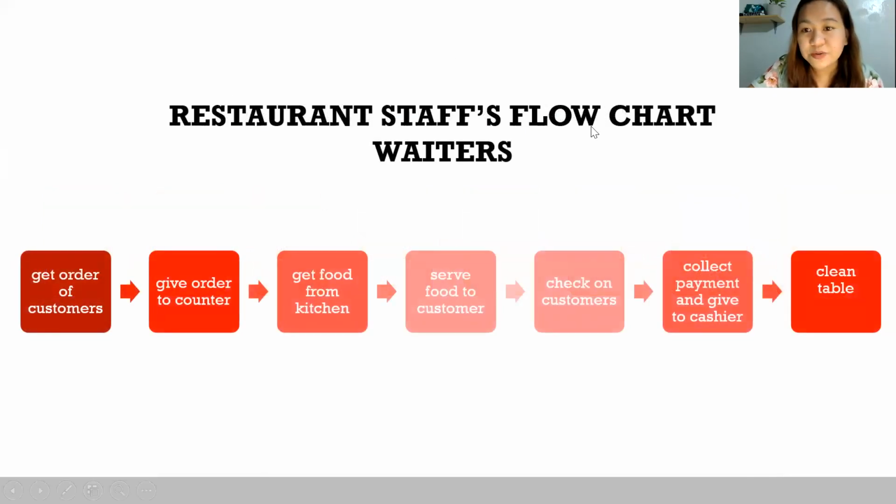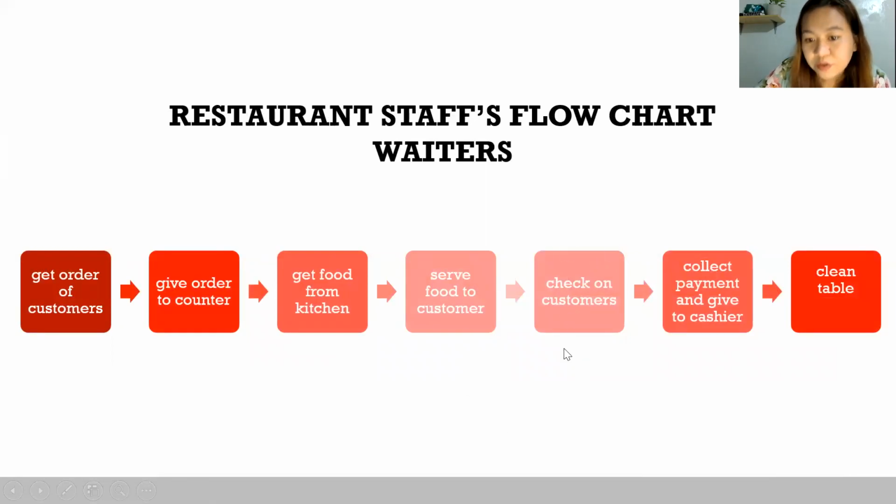Ito naman the restaurant staff's flow chart. So ito yung may mga multiple activities. So example for the waiters. So ang waiter natin, they have different tasks. So the first thing or pinaka madalas nilang gawin is to get the order of the customer. Pag nakuha nila si order, they will give the order to the counter. They will get food from their kitchen and then serve sa customer.